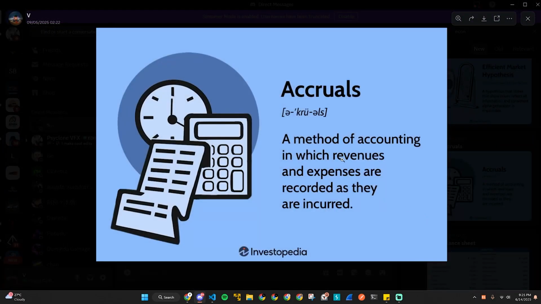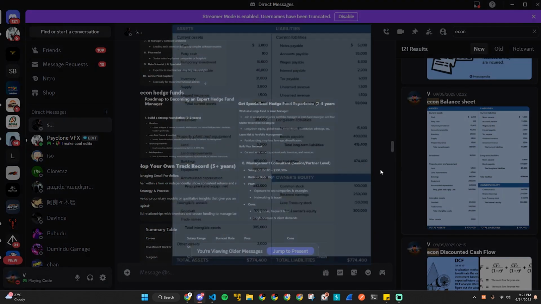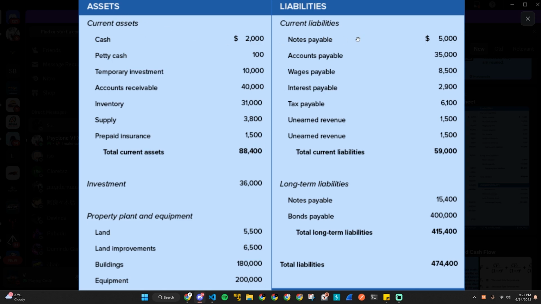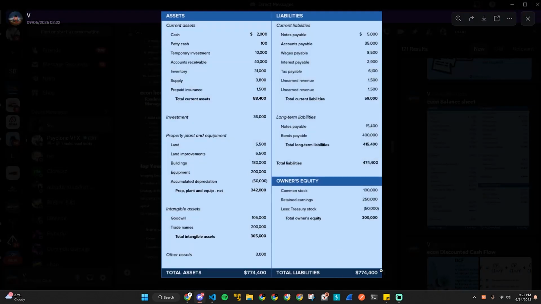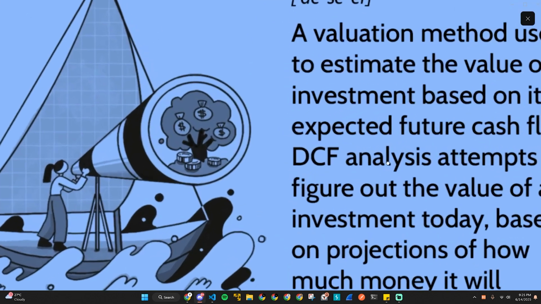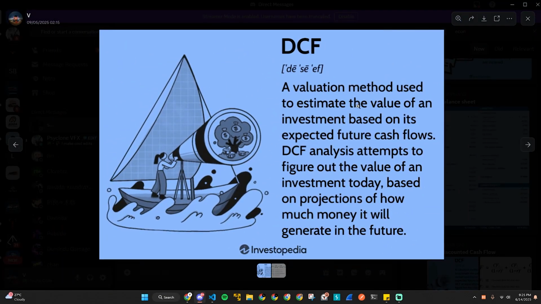Accruals is sort of accounting, right? So everything is accruals, and so this is assets, liabilities. What's the total? So net is once both of them are calculated, assets minus liabilities. In this case, it's 0. Discounted cash flow. Valuation method used to estimate the value of an investment based on its expected future cash flows.